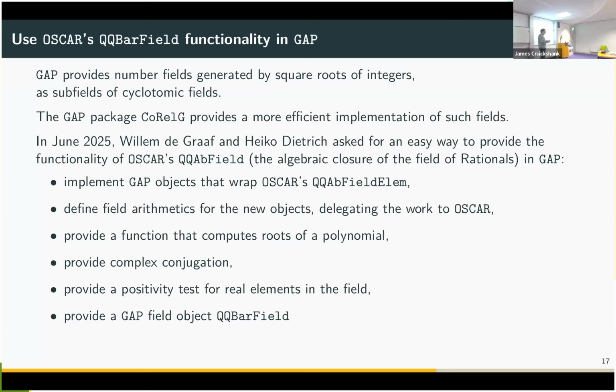The square roots provided by GAP are just elements of cyclotomic fields, so you need not just two coefficients for describing them, but essentially n/2 coefficients. So they are not very good.